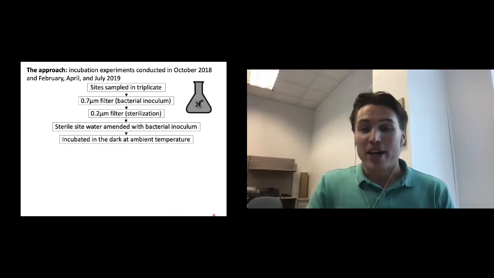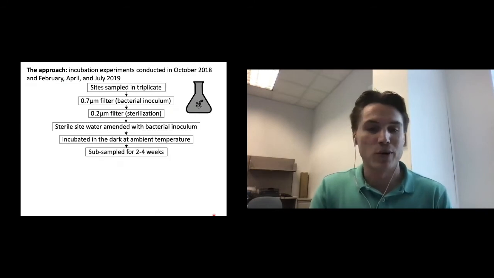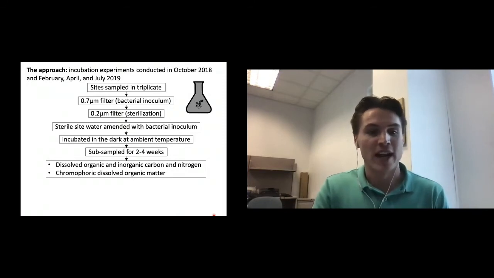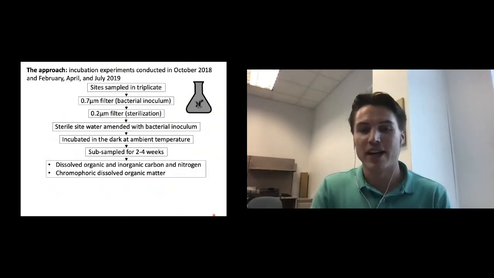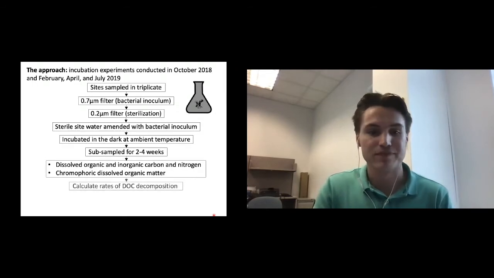We then incubated these samples in the dark at ambient York River temperature, and then subsampled over the course of 2 to 4 weeks to measure changes in dissolved organic and inorganic forms of carbon and nitrogen, as well as chromophoric dissolved organic matter, which I will get into a bit, but that was used to give us an idea of the organic matter composition.